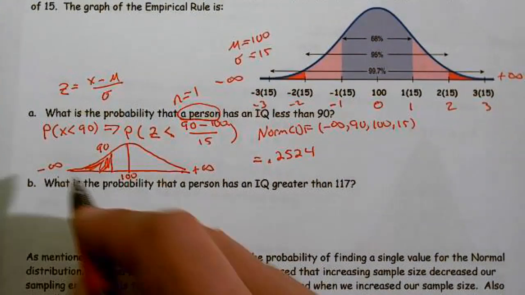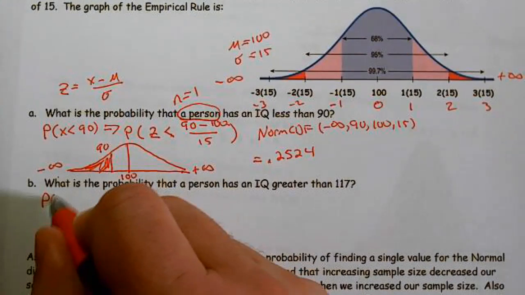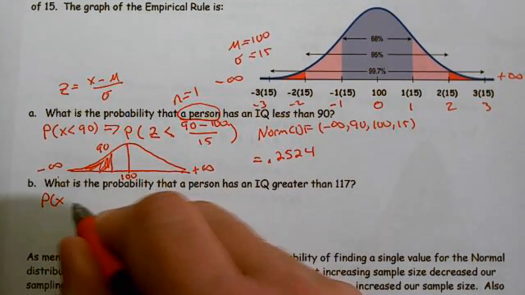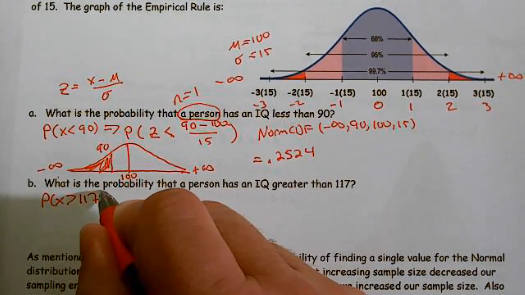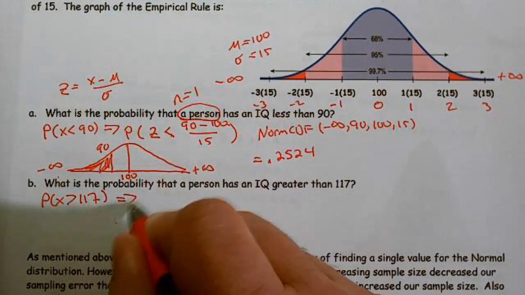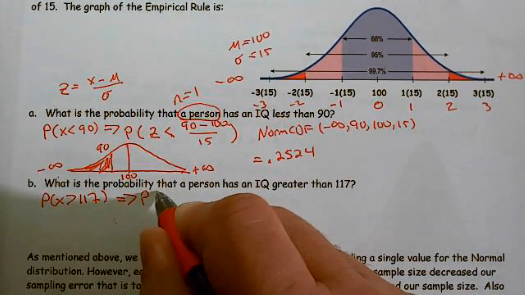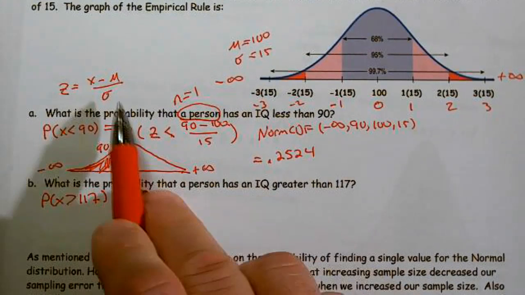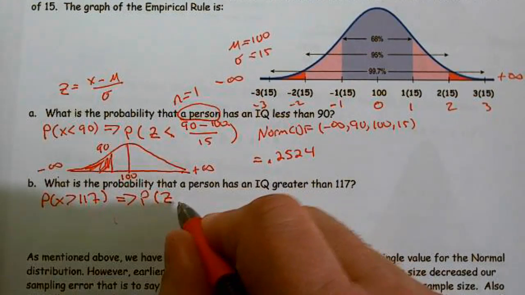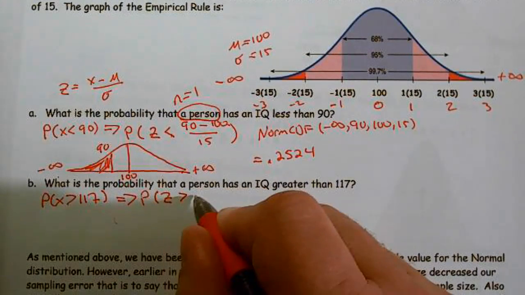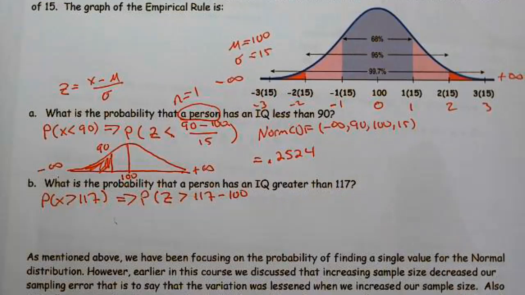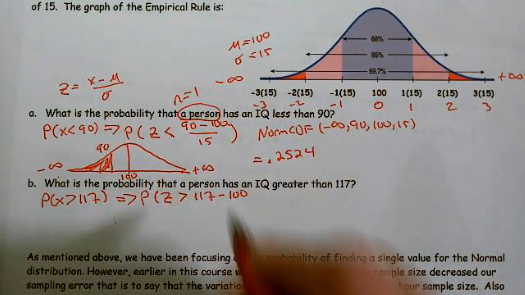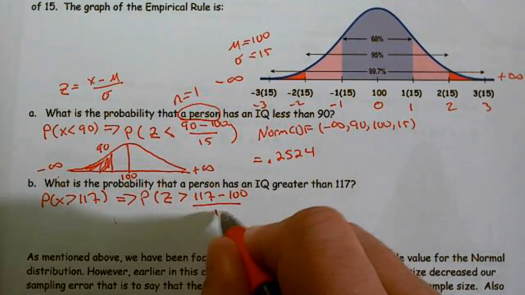So we want the probability that X is greater than 117, which yields the probability that Z, because we're always using that z-score formula, is greater than 117 minus 100 over our standard deviation of 15.